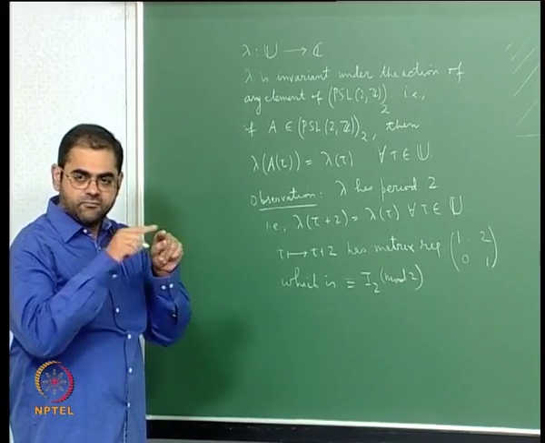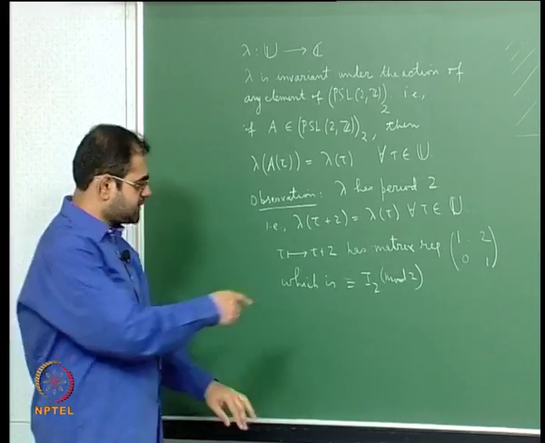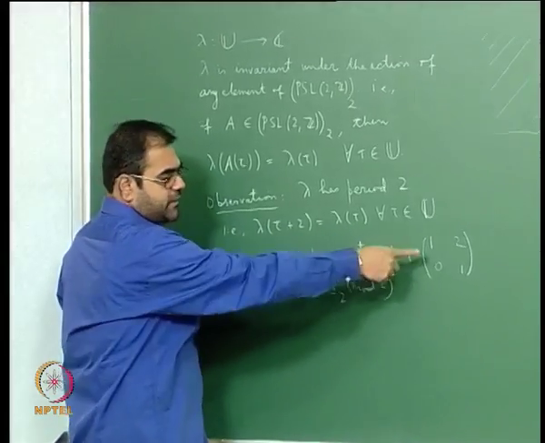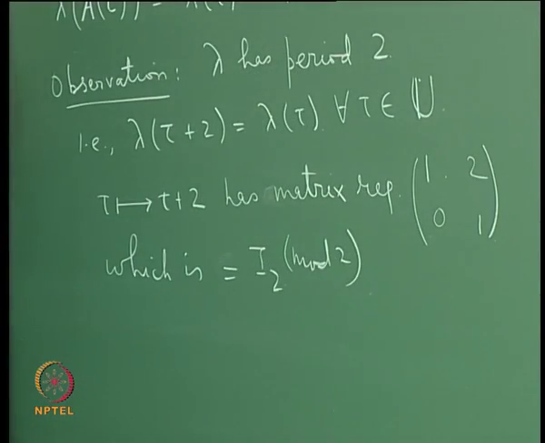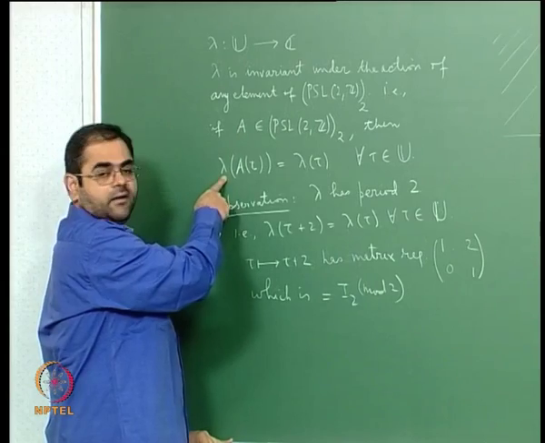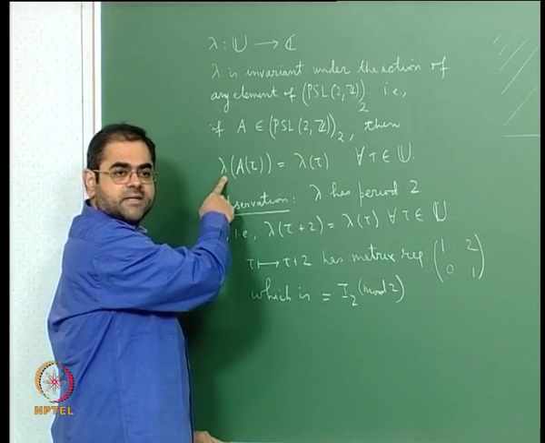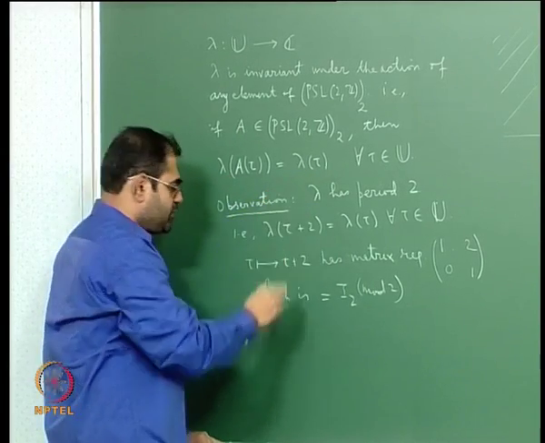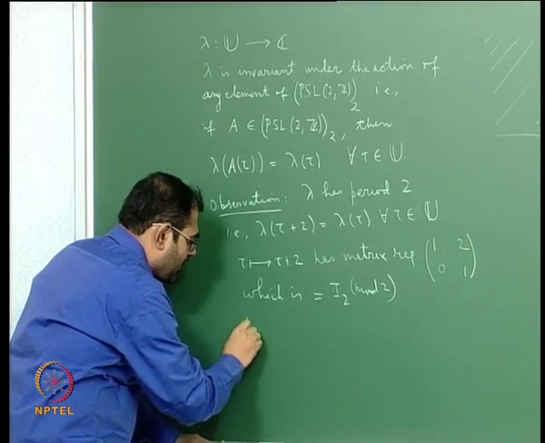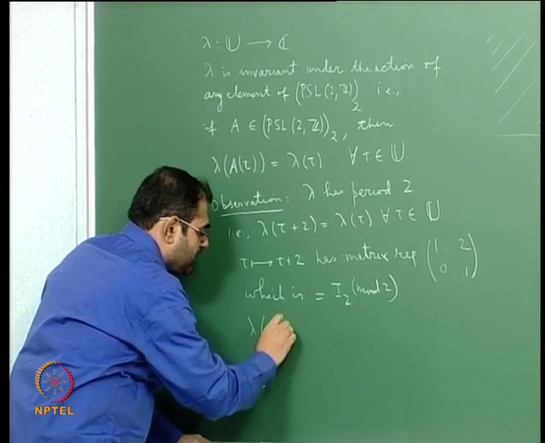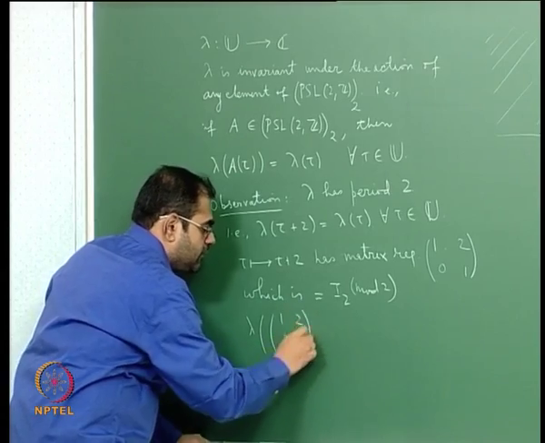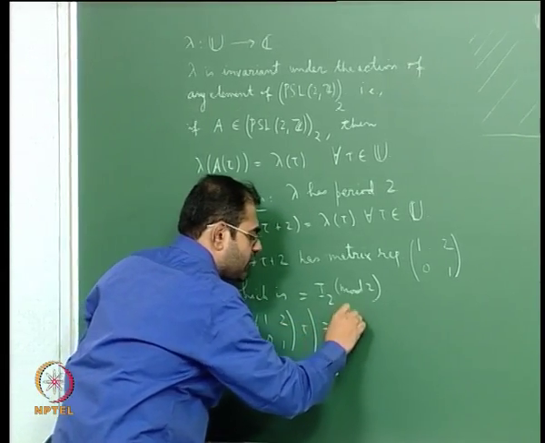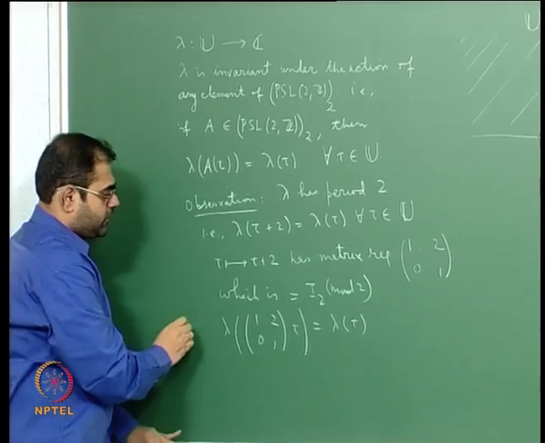Clearly this matrix is in the congruence mod 2 subgroup, and you know that the function lambda is invariant under such an element. So if I apply 1 2 0 1 to tau, lambda of this is the same as lambda of tau.